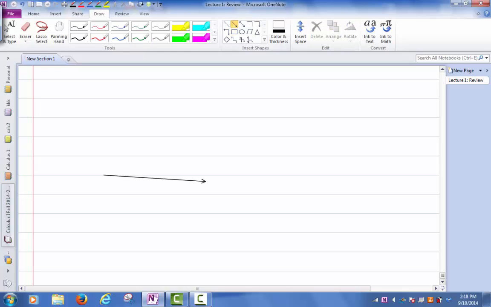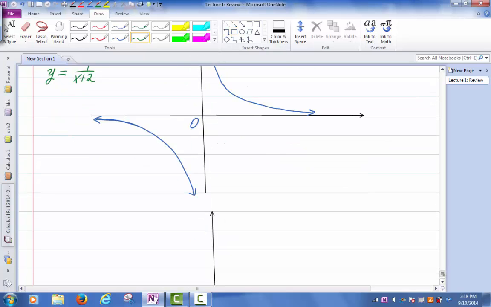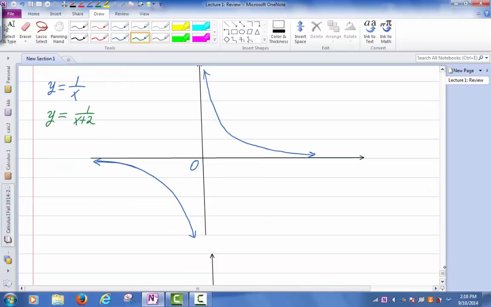If this is still 0, I have to shift it 2 units to the left, as you said, because it's x plus 2. What you have to remember is how you obtain 1 over x plus 2 from 1 over x: you are replacing x by x plus 2, and that's a shift to the left by 2 units. If it is 1 over x minus 2, it's a shift by 2 units to the right.